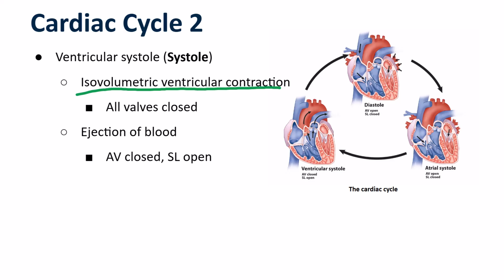Following isovolumetric ventricular contraction, we have the completion of ventricular systole, where the semilunar valves open up. The atrioventricular valves are still closed because they are driven closed by the increase of ventricular pressure, and blood is ejected forward into the ascending aorta and pulmonary trunks.